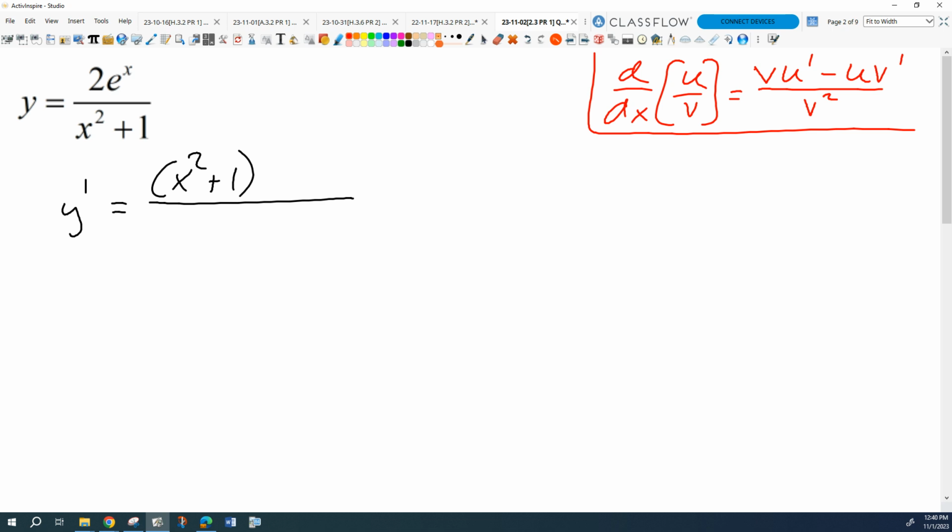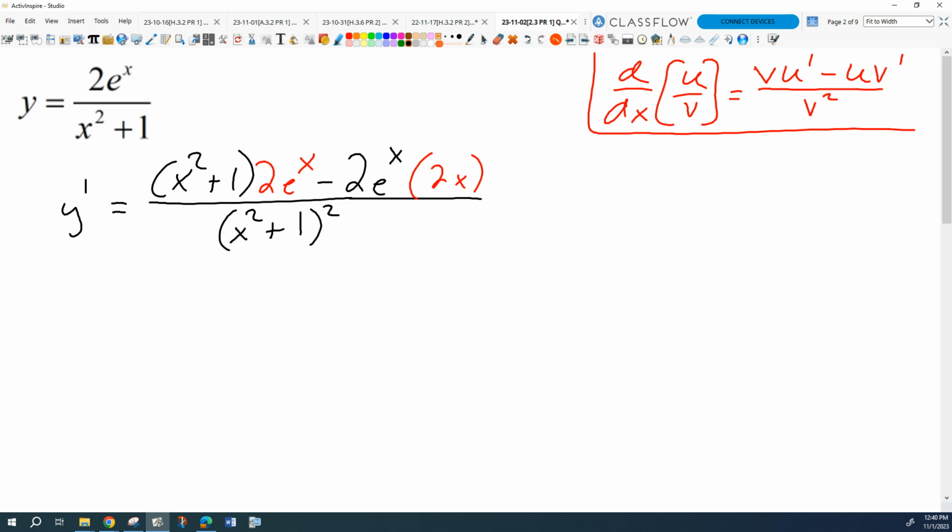Because the derivative of 2e to the x is 2e to the x, right? Minus times 2x. Good. Divided by. Calculus is done. Okay, now it's a matter of just cleaning this thing up though, right?